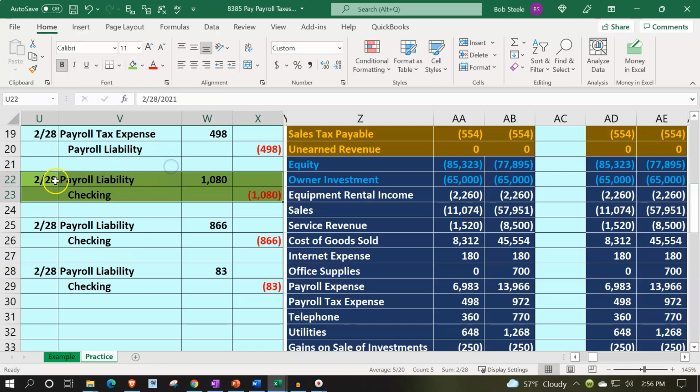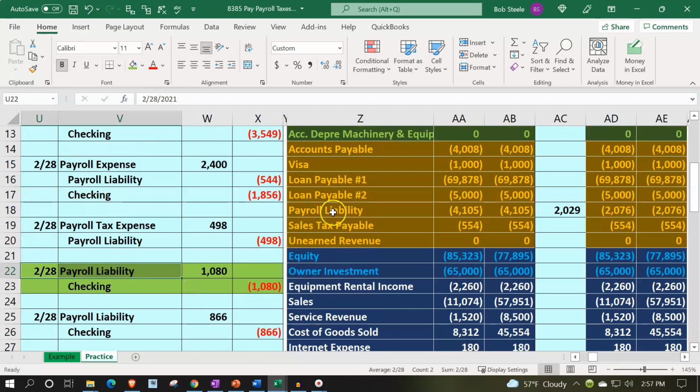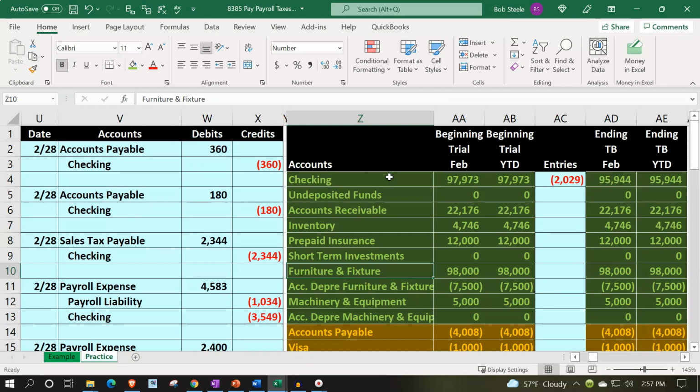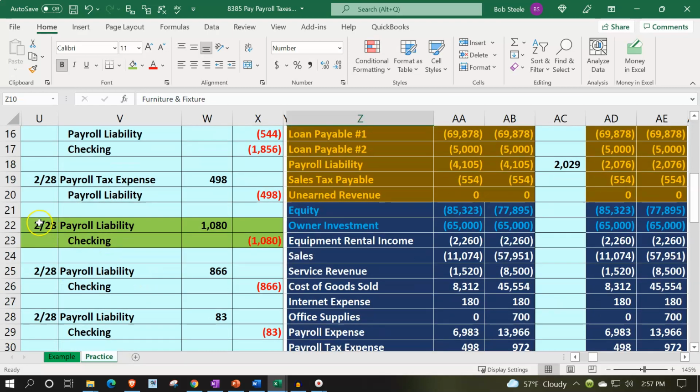So now we're going to be in the payroll liability. Here's the payroll liability on the trial balance. Let's do these three at the same time again, because we performed that high complexity procedure last time. Let's do it this time. Three at a time. This will be faster.